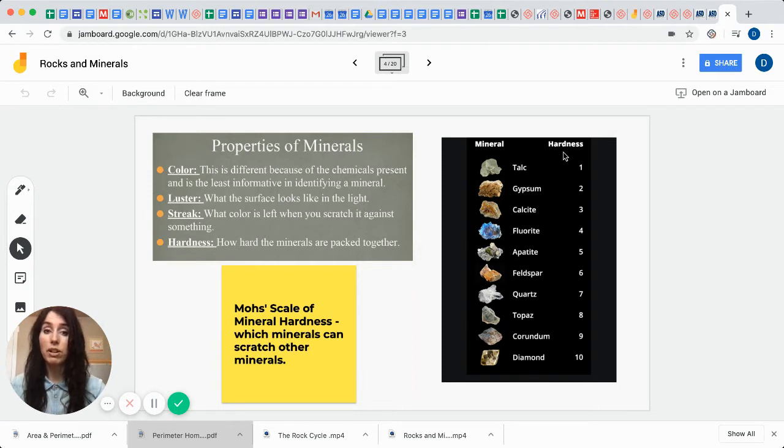It's called the hardness scale, with talc being the softest and diamonds being the hardest. Typically they scratch one against the other, and that will determine which one is harder. Some of the terms we use when describing minerals are called the properties of minerals. We talk about its color, its luster, its streak, and its hardness. And again, this shows you the Mohs scale of mineral hardness.